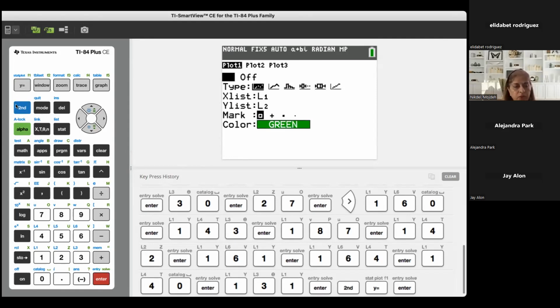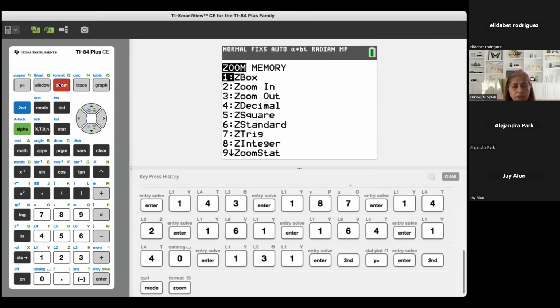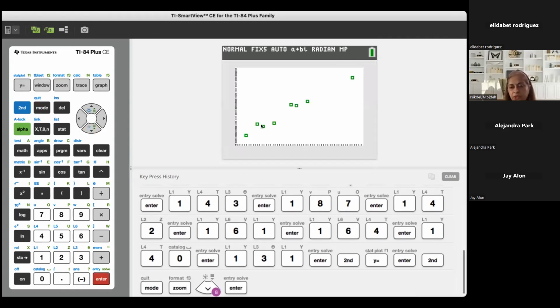I'm going to quit from this window and press the zoom key, instead of the window key. Pick item number 9 and press enter. Here is the scatter plot for the length of thigh bone and the height of a human being. That's the scatter plot. Any questions from anybody?